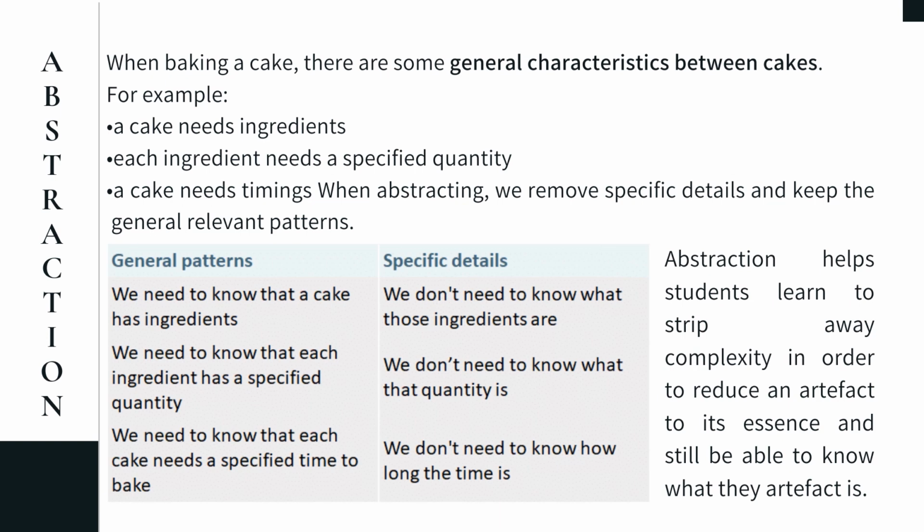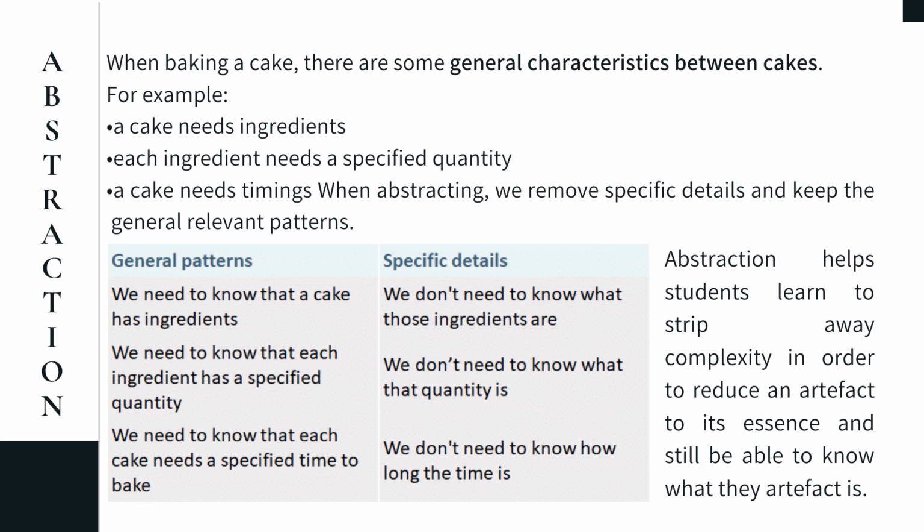So when we abstract, we remove specific details and keep the general relevant patterns. This is very important. We remove all specific details, and then we keep the general patterns that are actually relevant to solving the problem.